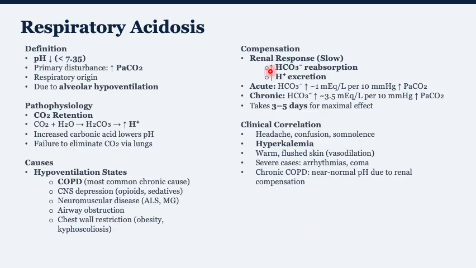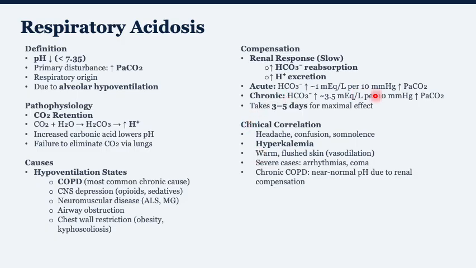So the compensation for respiratory acidosis is a renal response. Again, it's a slow process, but it's going to increase the reabsorption of bicarbonate and therefore also increase the excretion of hydrogen ions. So the bicarbonate comes in, it's reabsorbed, it will pull some of that hydrogen back into the tubules to where it can be excreted out into the urine.